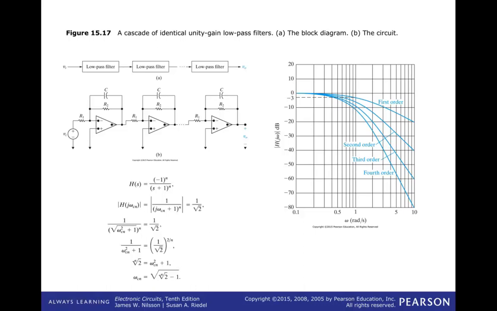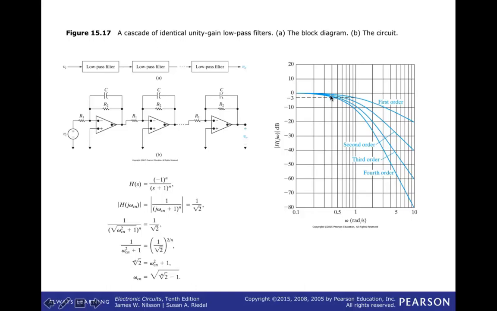So that becomes a problem because, independent of what this value is at omega equals 1, the definition of the cutoff frequency is -3 dB, or 1 over the square root of 2. So the dashed line on this figure represents -3 dB. And what you can see is that as the filter gets higher and higher order, that moves lower and lower in frequency.